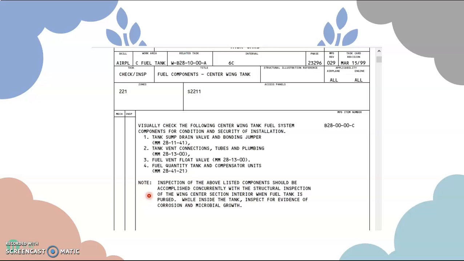So the note is that when we check the center wing tank, we must inspect for evidence of corrosion and microbial growth in the center wing tank. Because maybe corrosion and microbial growth occur in the center wing tank. So we must check or inspect.